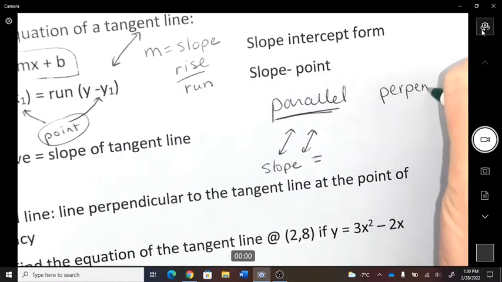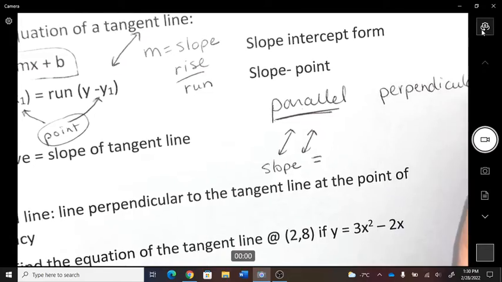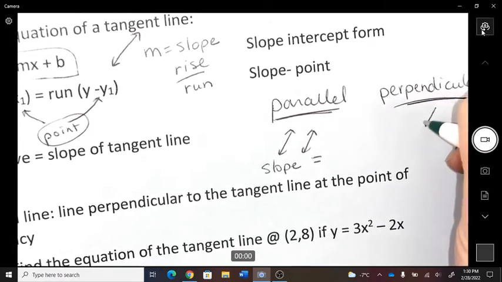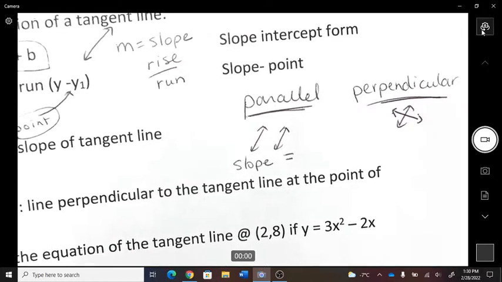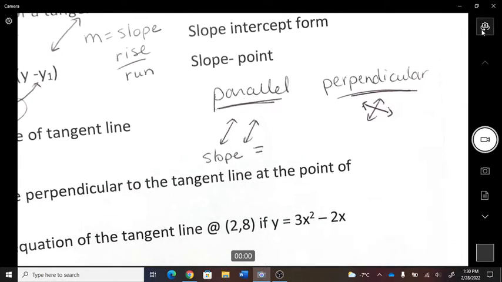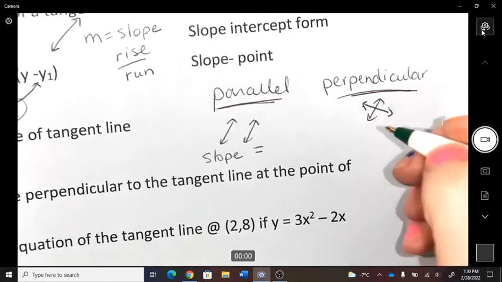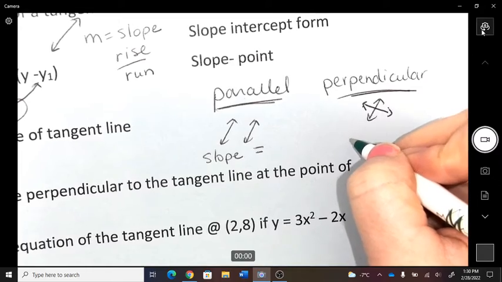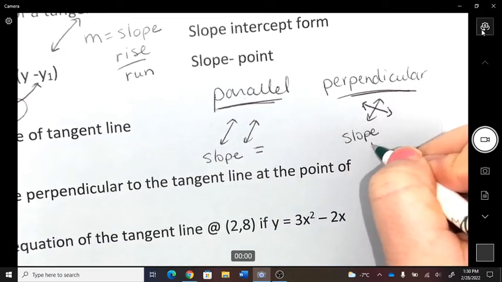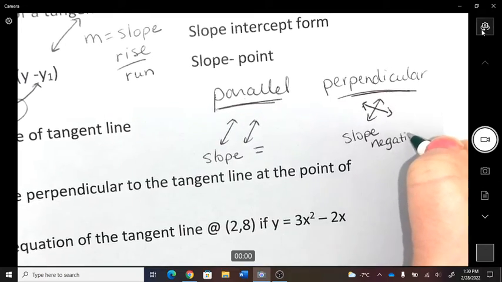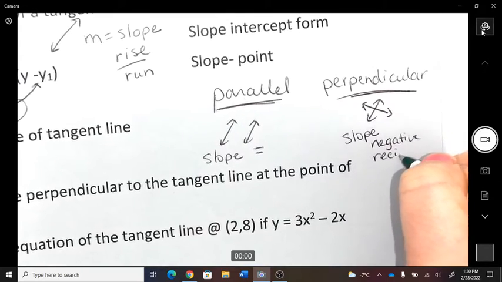And perpendicular would visually look like this. And then what do we know about, anybody know anything about perpendicular slope? Right angle slope. The slopes are going to be negative reciprocal.